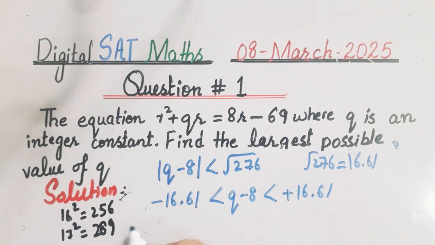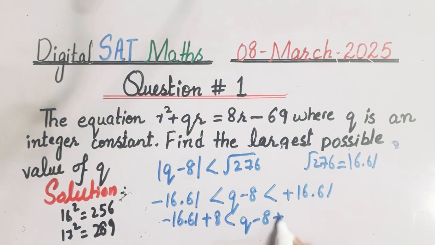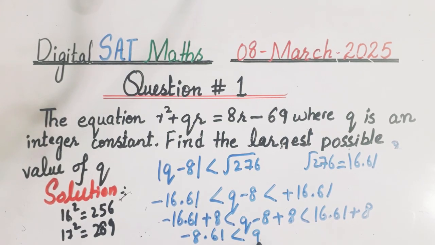Then we will add 8 on both sides to get just the value of q. So minus 16.61 plus 8 less than q minus 8 plus 8, less than 16.61 plus 8. So we get the final answer as minus 8.61 less than q, that will be less than 24.61. So this will be the final answer.